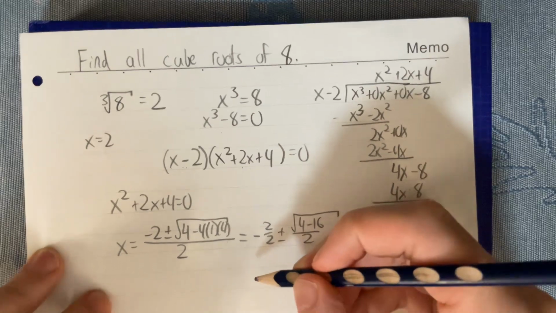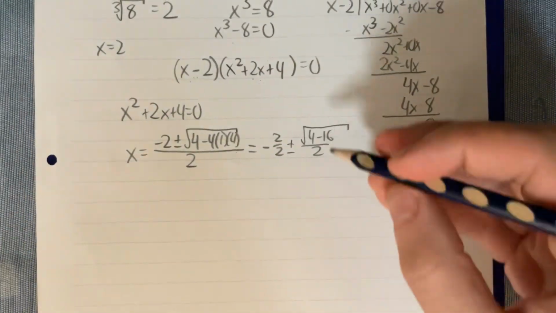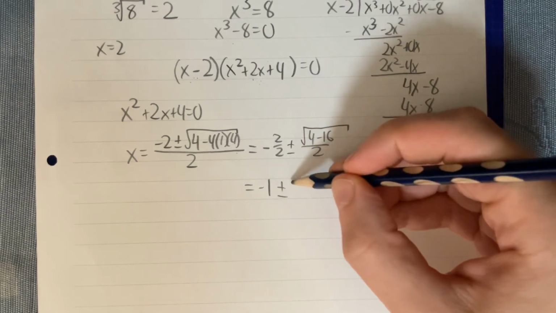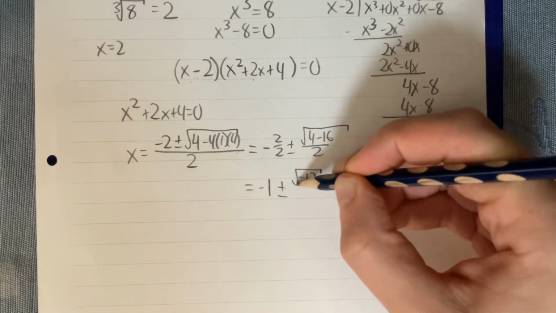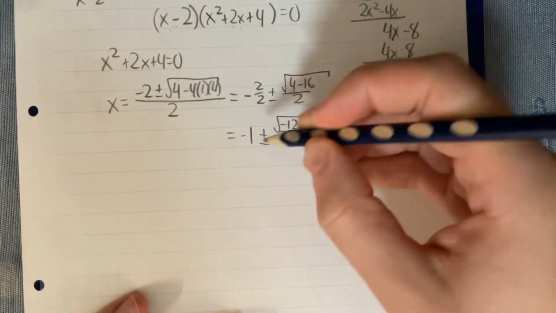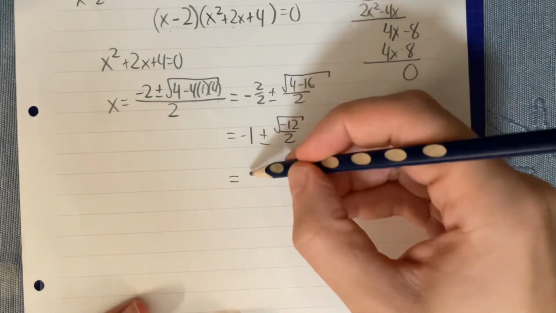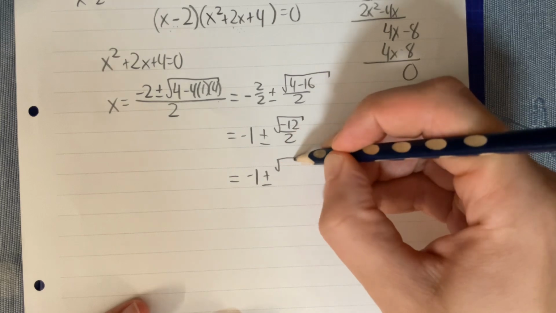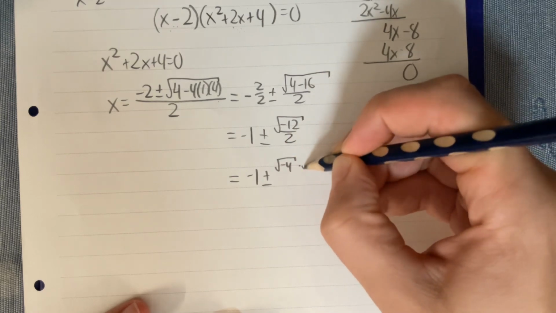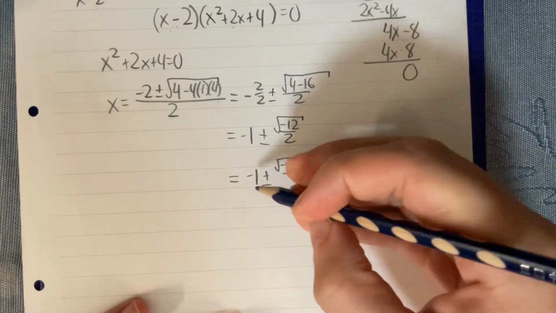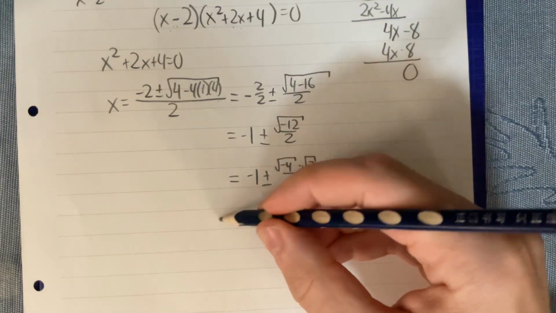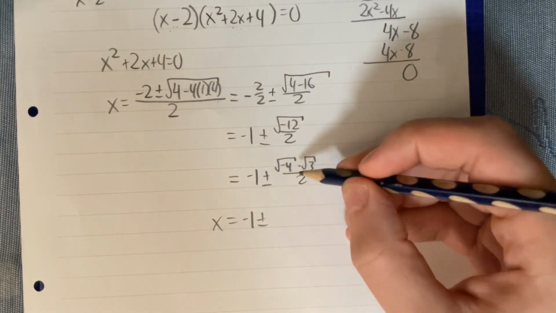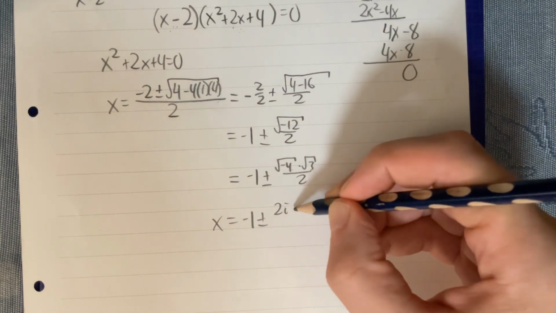Simplify a bit. Negative 1 plus minus square root of negative 12 over 2. Okay, let's get a little bit nicer. Negative 1 plus minus square root of negative 4 times square root of 3 over 2. So, finally, we get x equals negative 1 plus minus. This is 2i. And okay, we'll take it one more step.